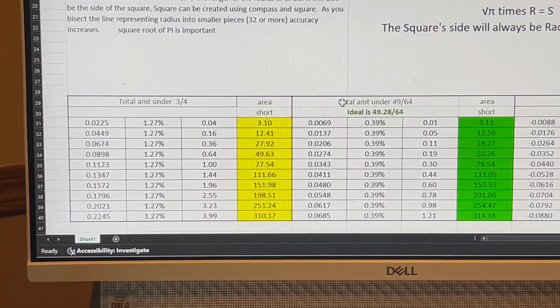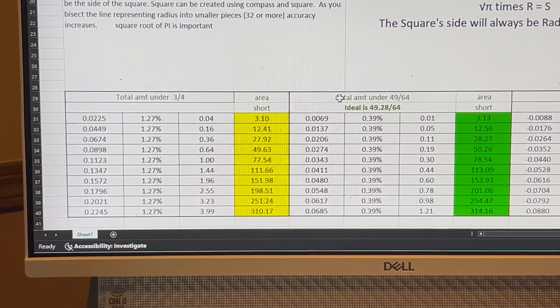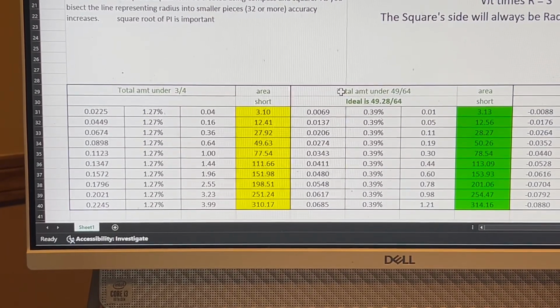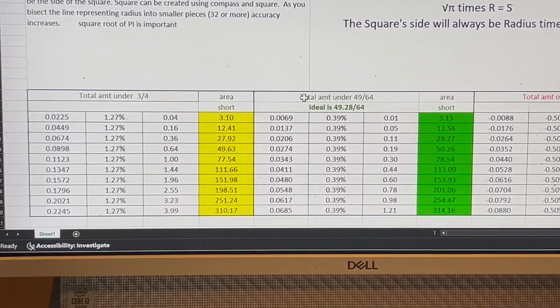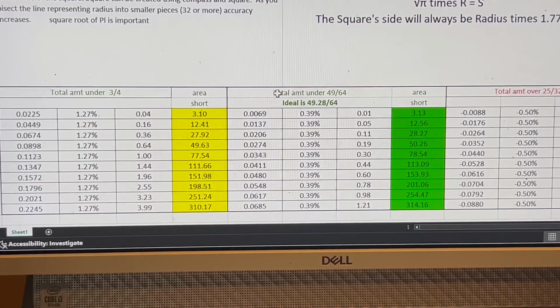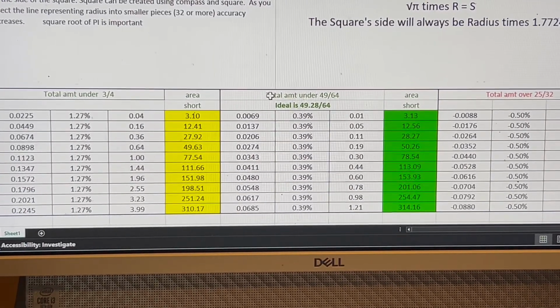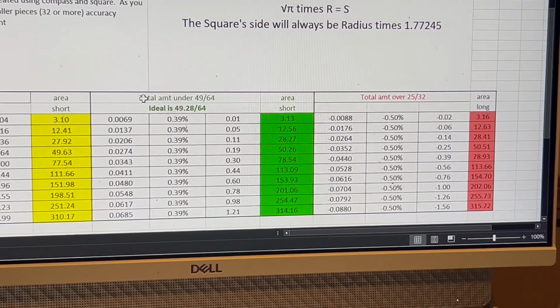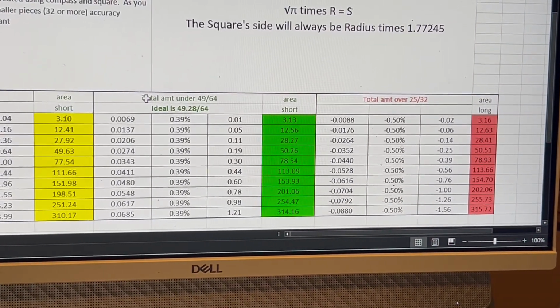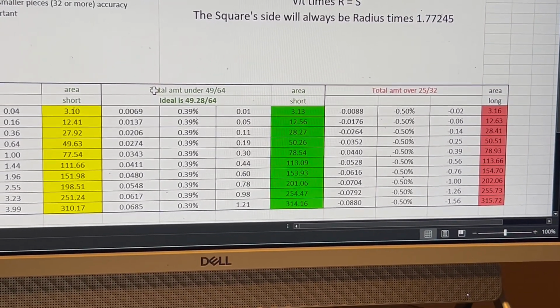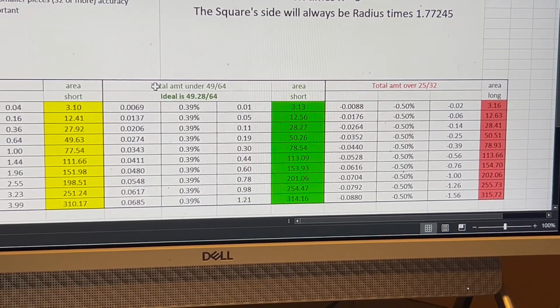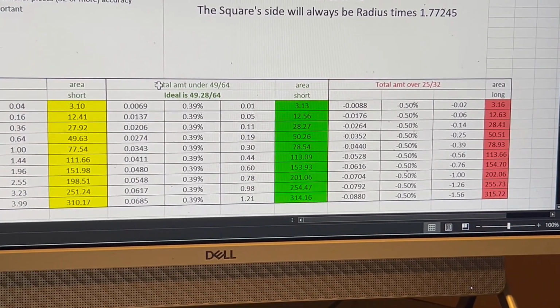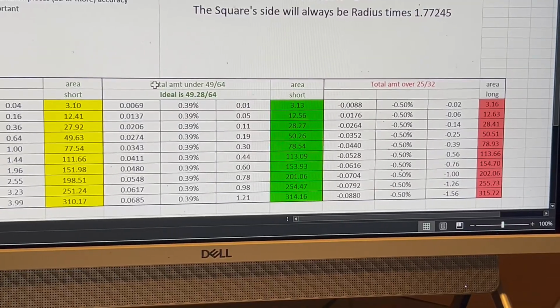From 3/4 inch, we're short by 0.0225. Now, again, I'm using inches here, but again, it works for whatever units you use. We get over to 49/64, and we're still short almost 7 thousandths in length of our side.